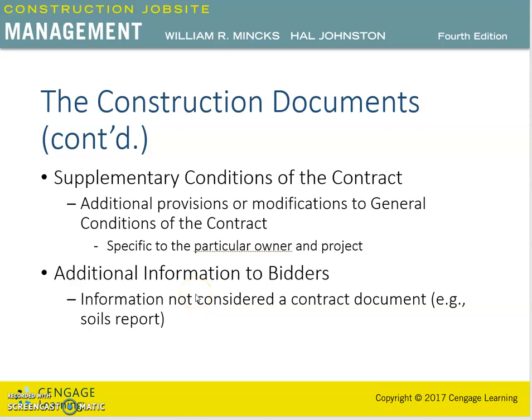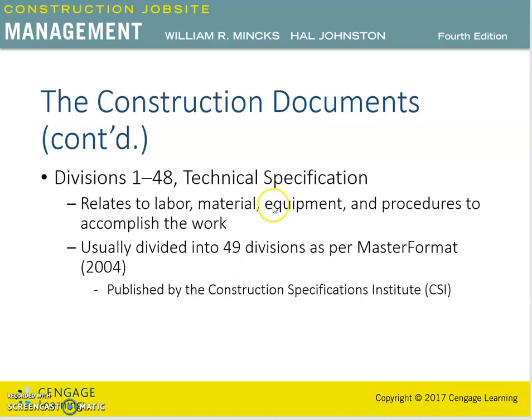Okay, after this we can talk about the construction specifications, which, to be specific, we can call the technical specifications. For the technical specifications, there is a MasterFormat by the Construction Specifications Institute.